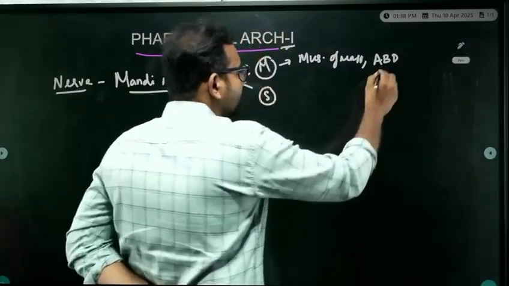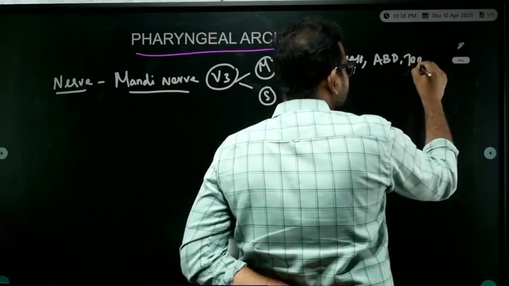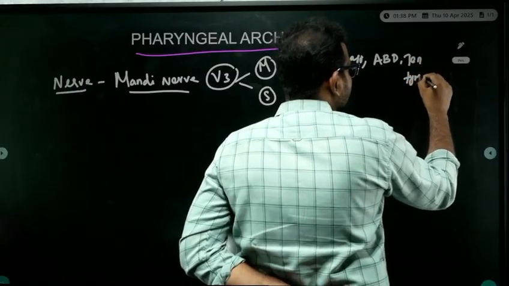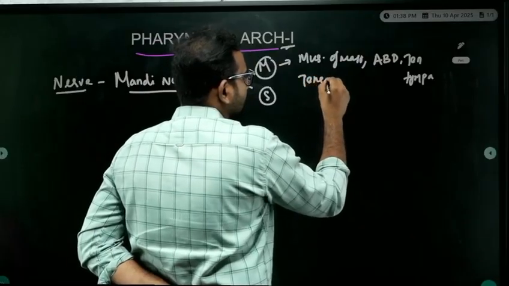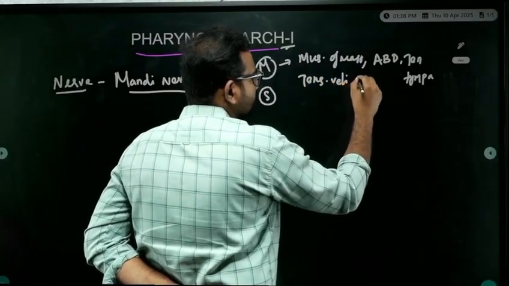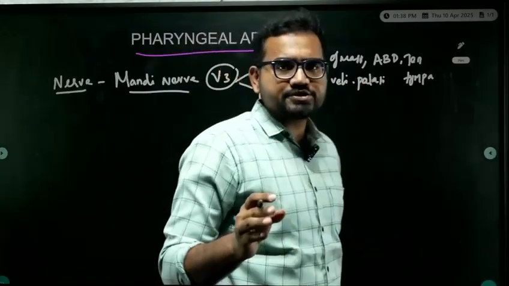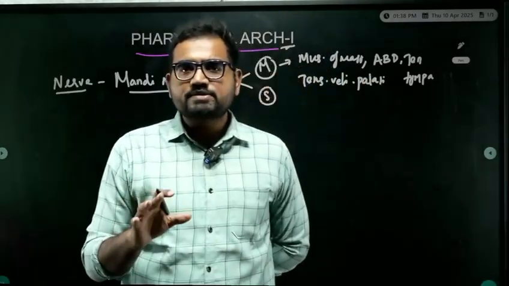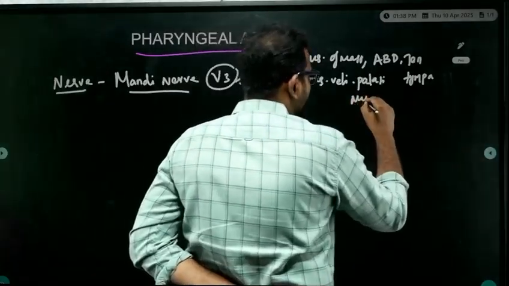Then it supplies tensor tympani and tensor veli palatini. What is the function of these muscles? They reduce the vibrations and also equalize the pressure. Apart from this, the mylohyoid muscle is also supplied.